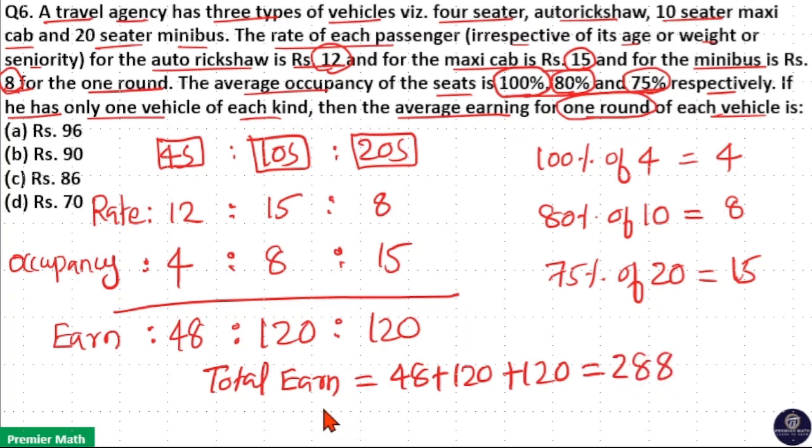Now average earning is total earning 288 and there are 3 vehicles. So divided by 3, which is equal to 96. So option A is your answer. So average earning for a vehicle is 96 because there are total 3 vehicles.